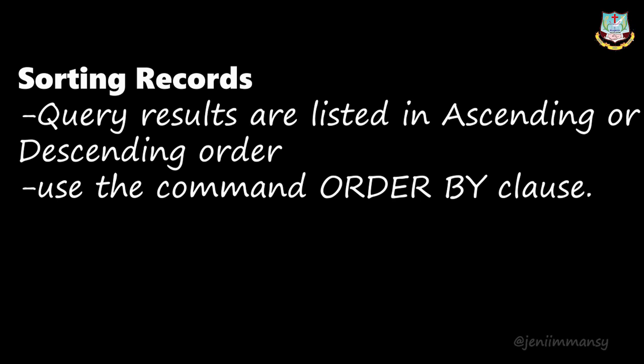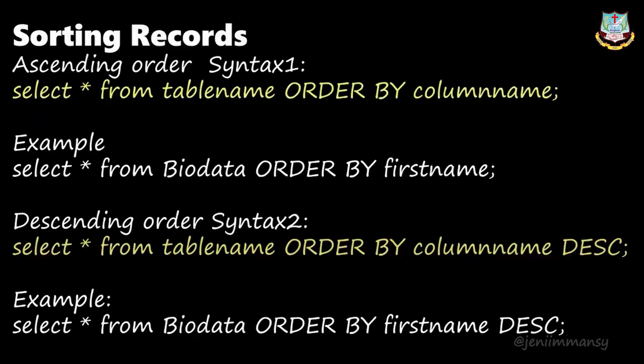Using this command ORDER BY, we can change the sorted form. In some databases we'll get the results by default in ascending order or in descending order. Here if you see, SELECT star FROM table name ORDER BY column name.